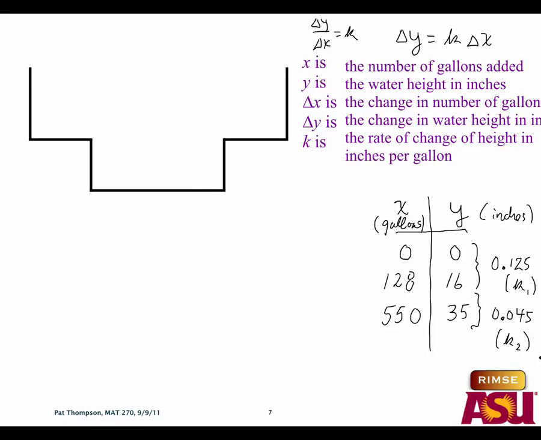Which says that the change in water height is always 0.045 times the change in volume of water, or the number of gallons added. So the change in water height is always 0.045 times whatever amount of gallons you put in.